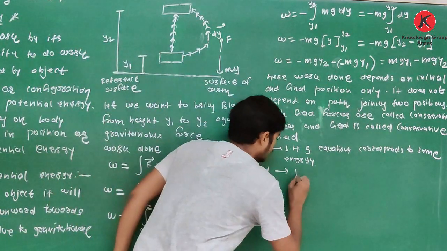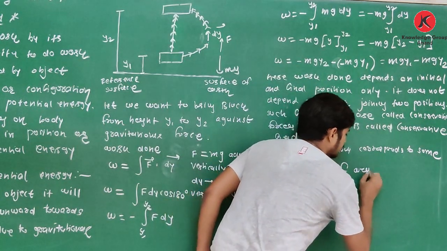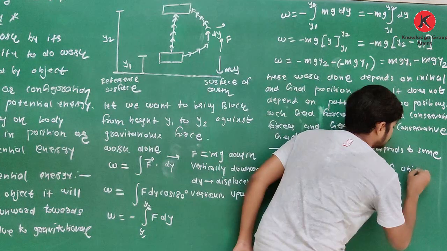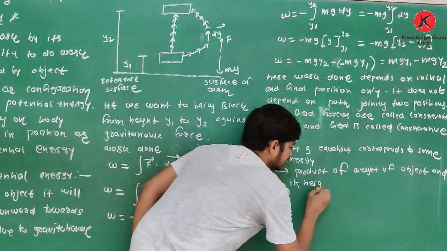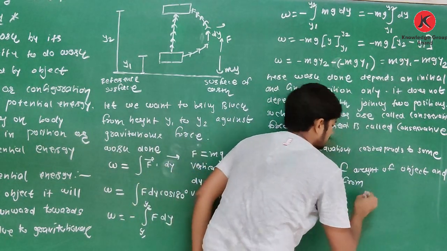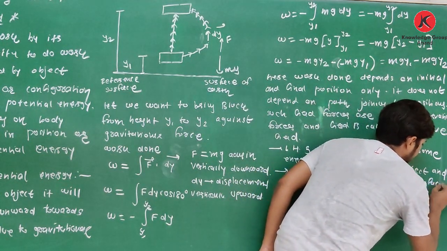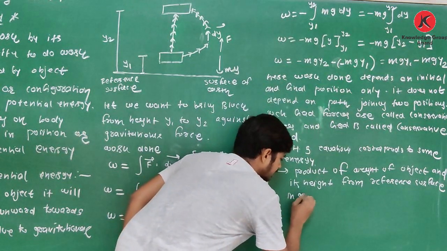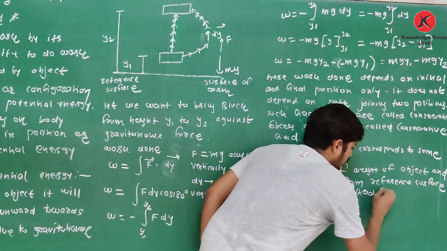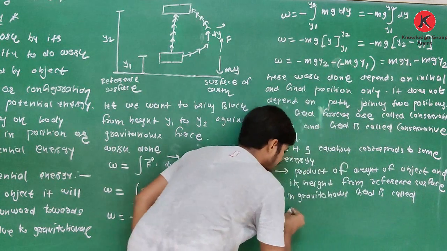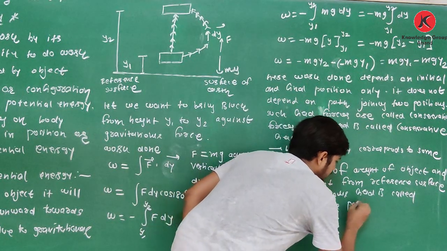See, here it is: the product of the weight of the object and its height from the reference surface in a gravitational field is called gravitational potential energy.